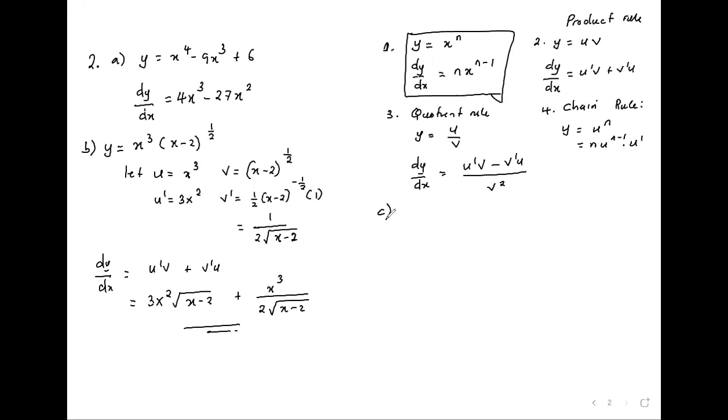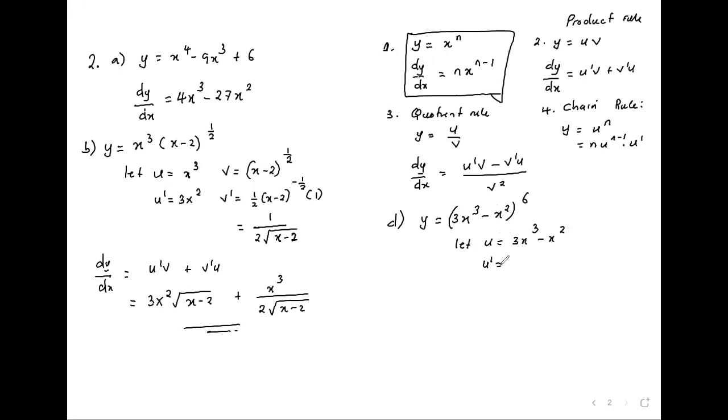And not C. Let's do D. y is equal to 3x power 3 minus x squared, all to the power 6. So you say, okay, I will let u be the inside, 3x power 3 minus x squared.